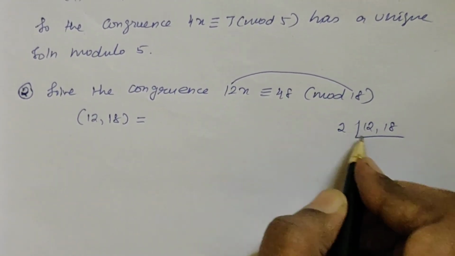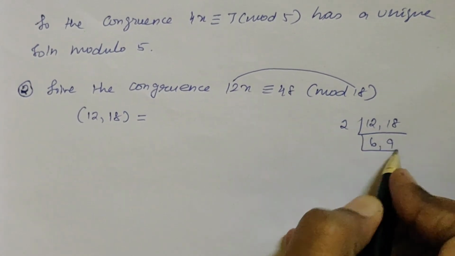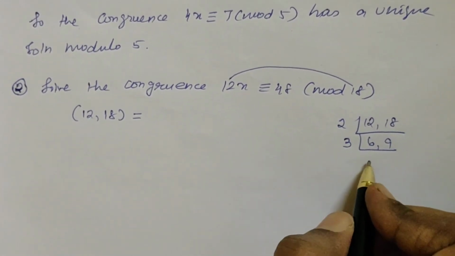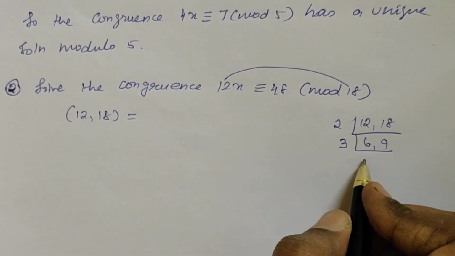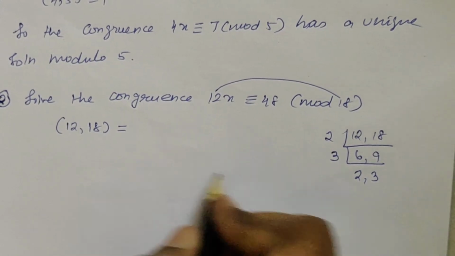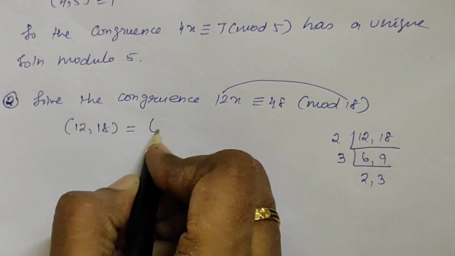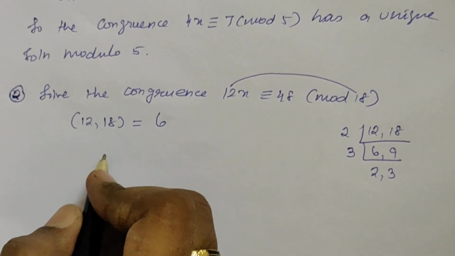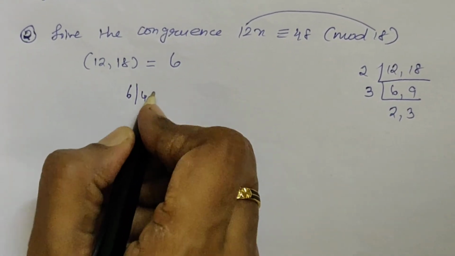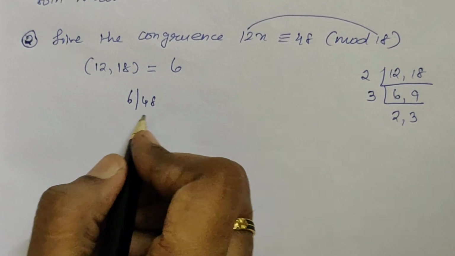When you divide by 2 you will get 6 comma 9. Then when you select 3 as a divisor you will get 2 comma 3. So 6 is the gcd value of 12 comma 18. Check if 6 is a divisor of 48 or not. 6 is the divisor of 48.